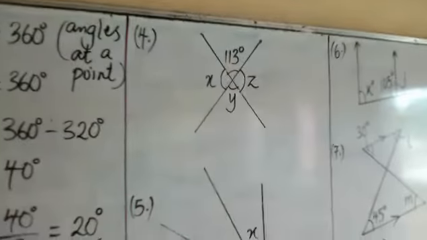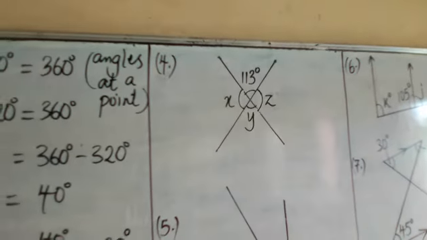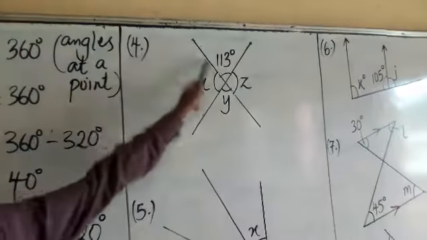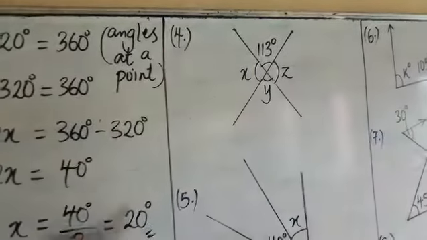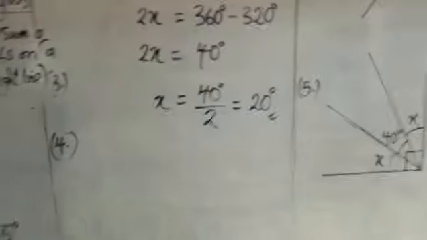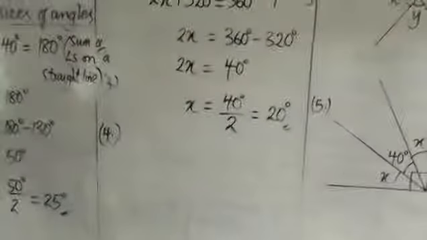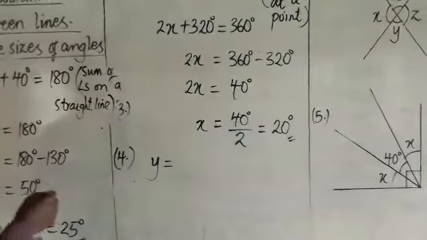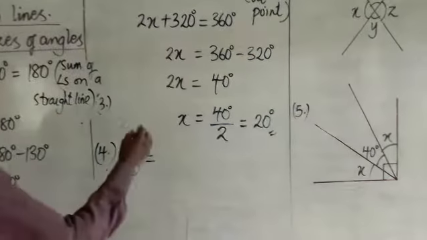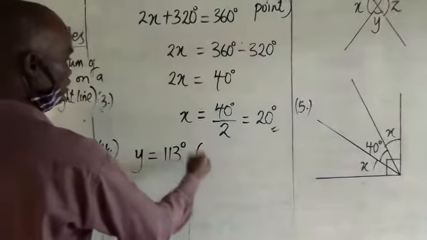example 5. Example 5 is very simple. You have two straight lines. Two straight lines intersect or cross each other. That forms vertically opposite angles. So y, or x, the lettered angle, y is equal to 130 degrees.